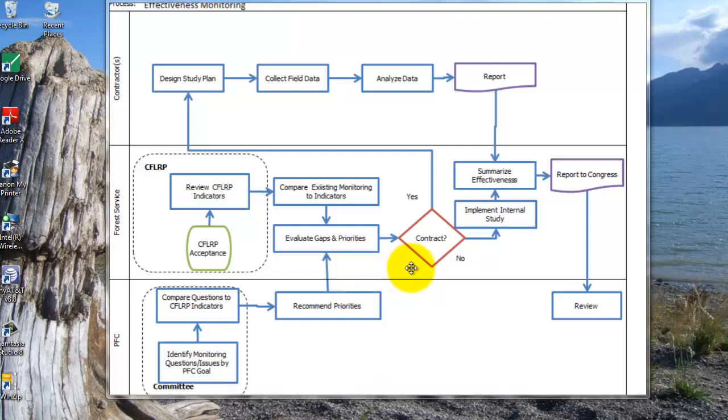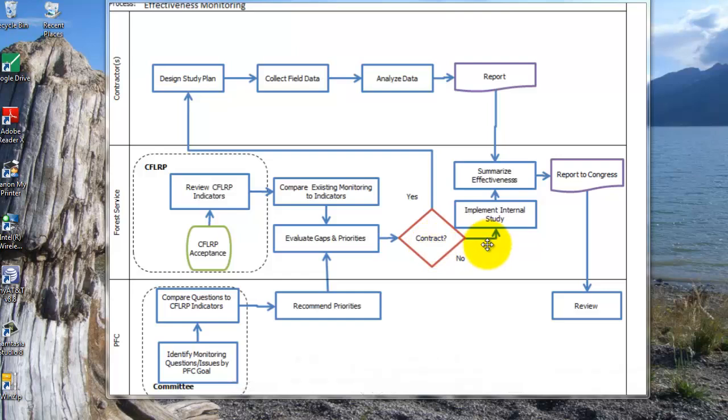Then the Forest Service can compare the gaps, also consider the priorities from the PFC, and ask the question: is there a need to contract the services, or can the gaps be addressed by current in-house studies or potentially new studies? If the answer is yes, then a contractor will need to develop a study plan, design the field data collection methods, populate the databases, analyze the data, and then periodically report the results of their analysis.